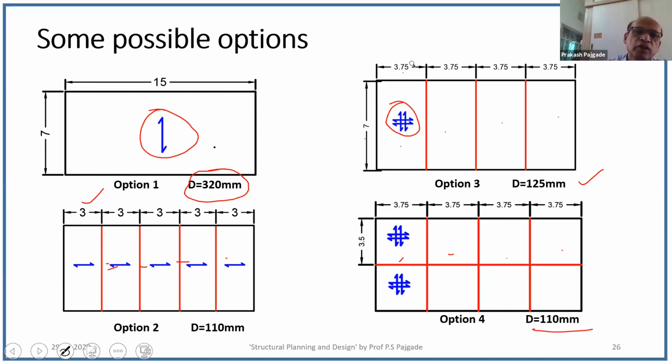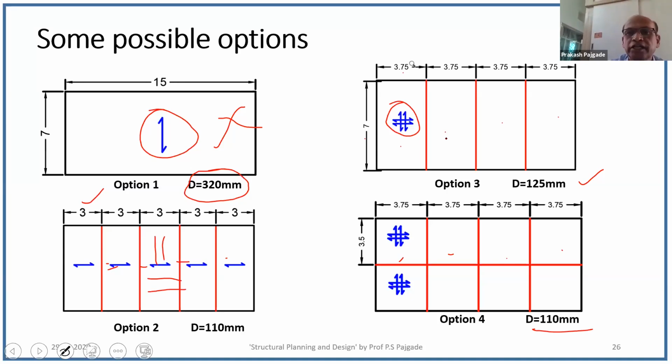Naturally, we will not go for this. Why? Because 320 millimeter thickness is quite large, and in that case, the amount of dead load will be very large. Second option is one-way slab. The one important point is in case of one-way slab, we'll have to provide main reinforcement in main direction and we'll have to provide distribution steel in other direction.